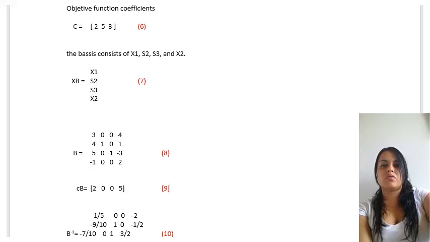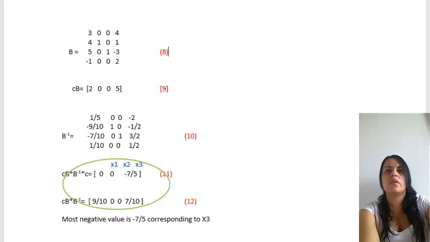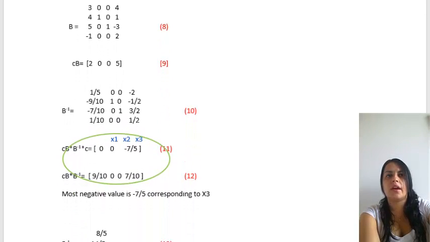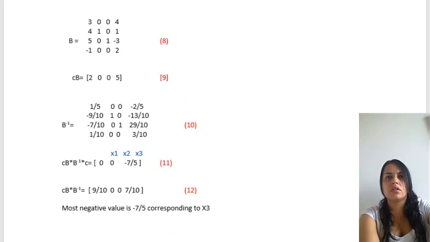I will do the calculation and I will end up again with the two vectors that are representing the optimality condition. Again, I will note that there is a negative value in here. Therefore, its corresponding variable is the entering variable.